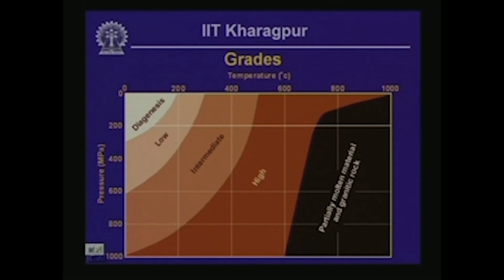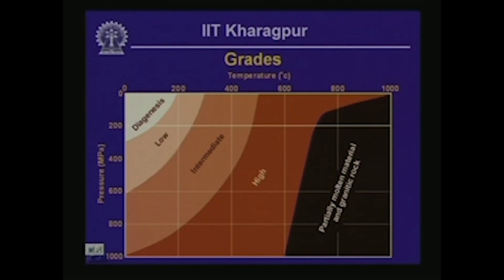Now, these two processes are triggered primarily by increases of temperature and pressure. So, as the process matures, in order to have a mature metamorphic process, we need to elevate the temperature as well as elevate the pressure.